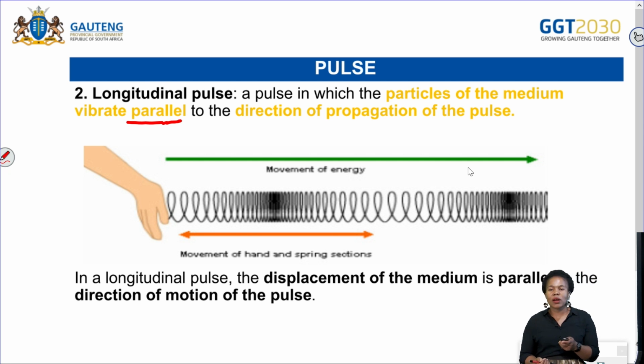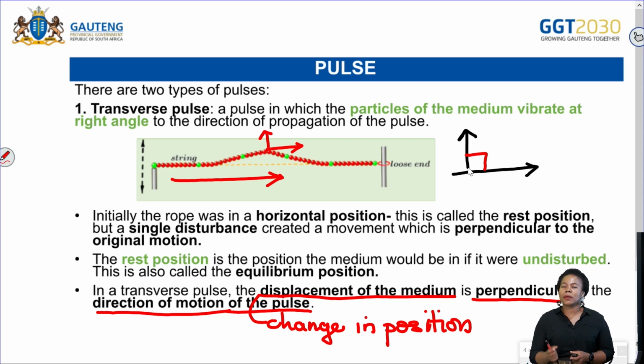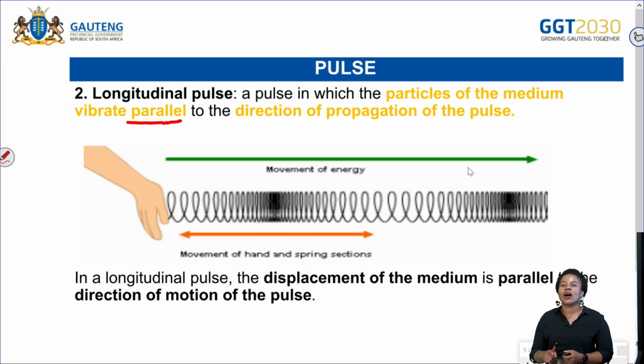Remember, with your transverse wave, the particles of the medium vibrate at right angles, perpendicular to the propagation of the wave. However, in the longitudinal pulse, the particles of the medium, which the pulse uses to move from one point to another, vibrate parallel to the direction of propagation of the wave.